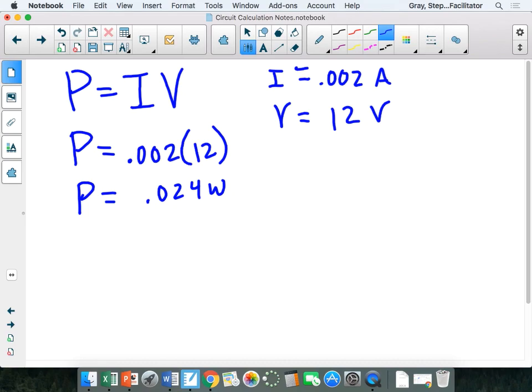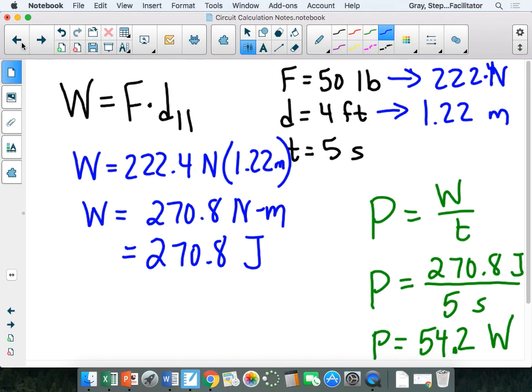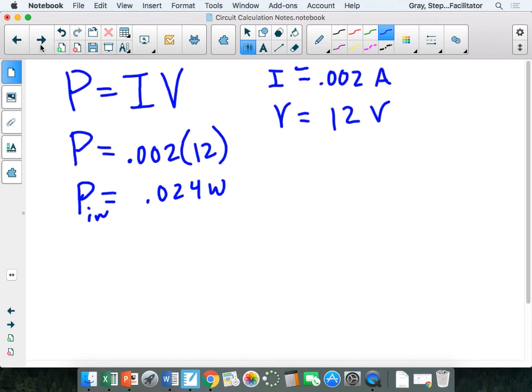Back to it. So do we use that for efficiency? Efficiency is your energy out over your energy in, which they're going to call it, but that's the same thing as power. So our energy out a minute ago was 270.8 divided by 54.2. And this is going to come out weird because I used two different problems, so you're probably not going to have an efficiency over 100%, but this problem is because I made it up.